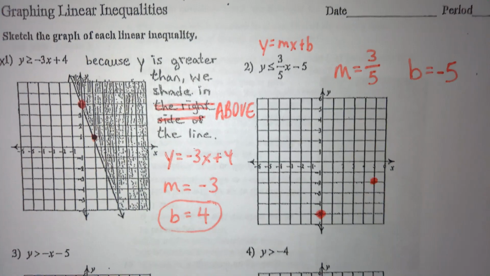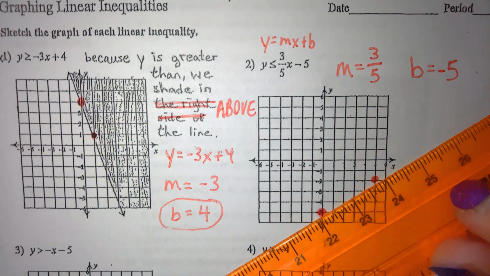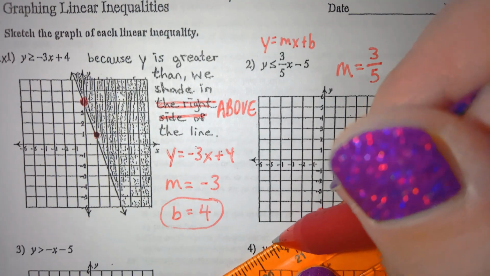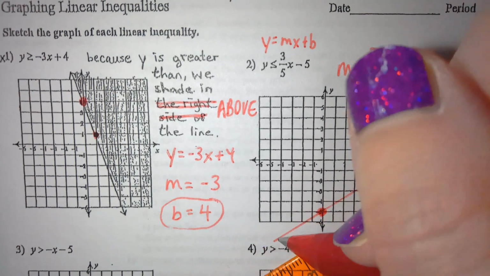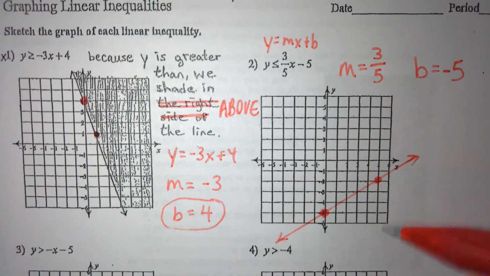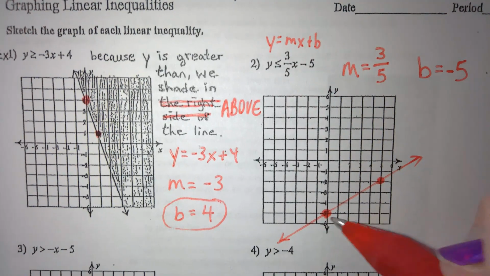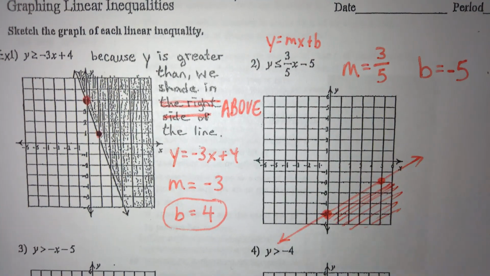I have my 2 points, I can graph my line. And now should I shade in above or below? Below, because it's less than. So less than means I'm shading in below my line. Good job.